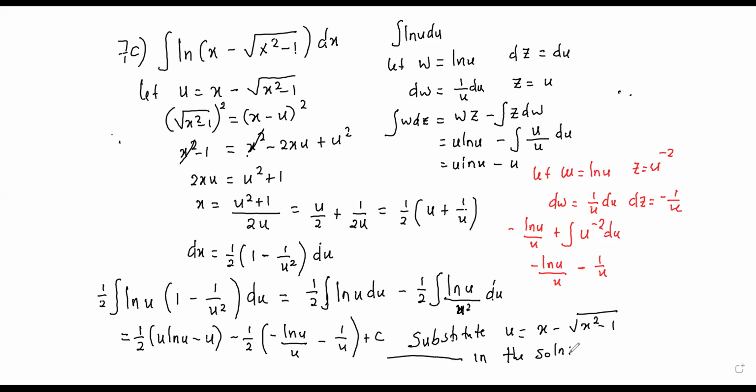Substitute here where there is u, put x minus root x squared minus 1 throughout, and that will be a solution. Okay. Any issues? We want to move to question 8.